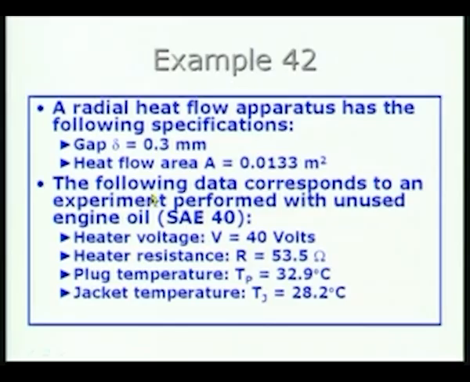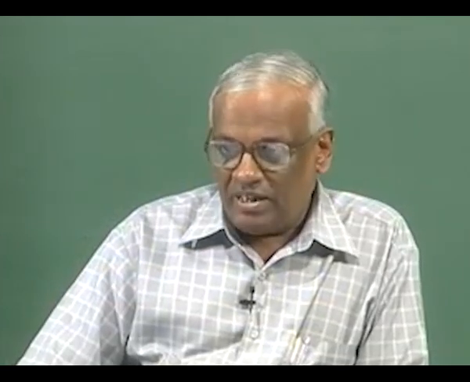And the data corresponds to an experiment that was performed with unused engine oil. The engine oil itself is characterized by SAE number 40, and it is taken from the can directly, a new can which is opened and directly taken, not used earlier.